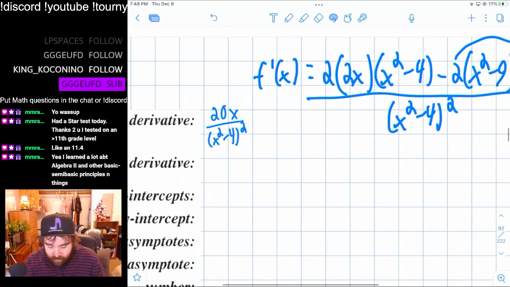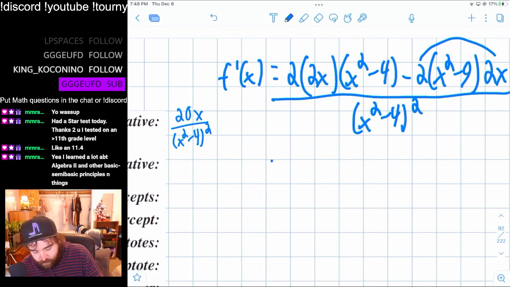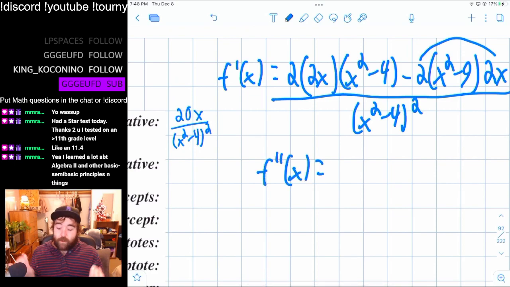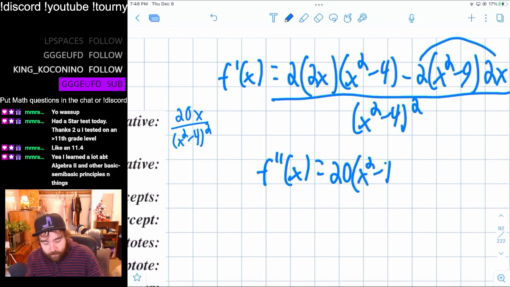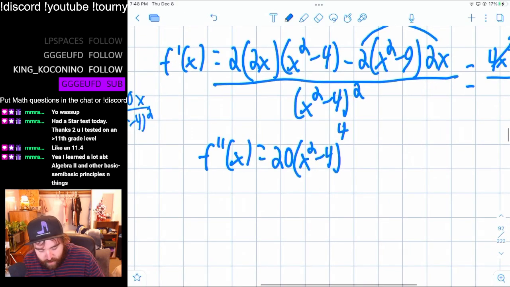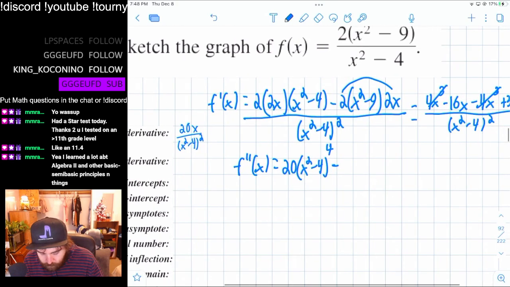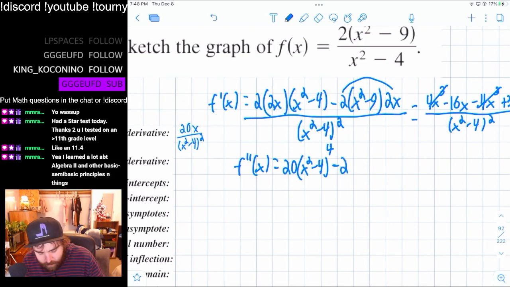Now the second derivative, we've got to take the derivative of that. So let's see. F double prime of x, we've got to use the quotient rule again, I guess. So the derivative of the top is 20 times the original bottom, which is now to the 4th, and then minus the derivative of the bottom, which now we're going to have to use the chain rule.